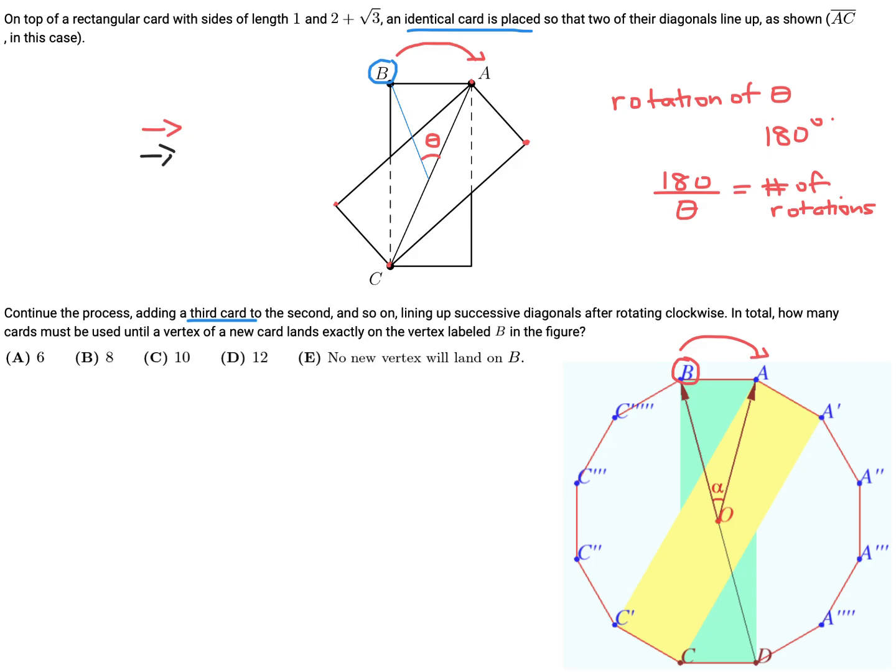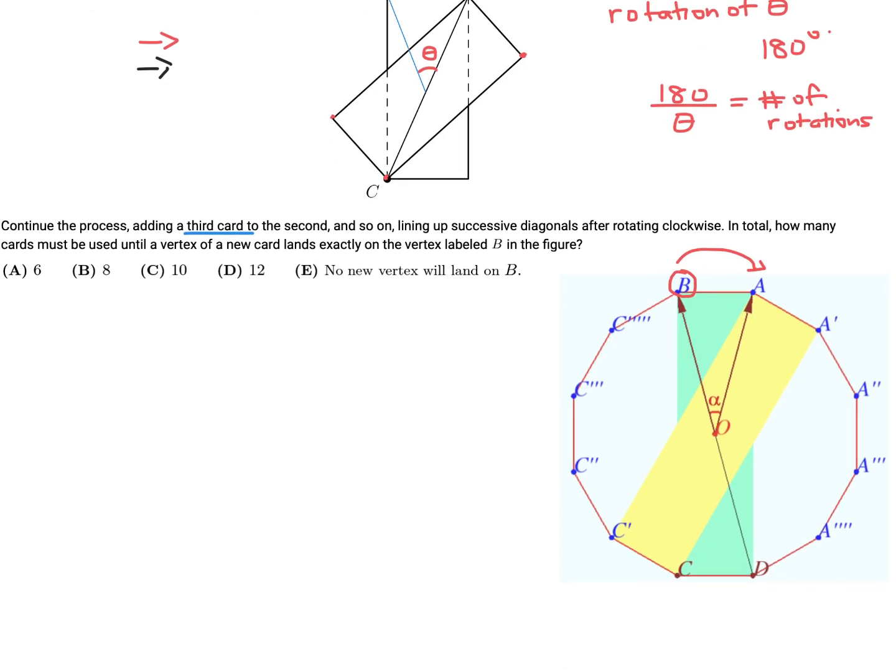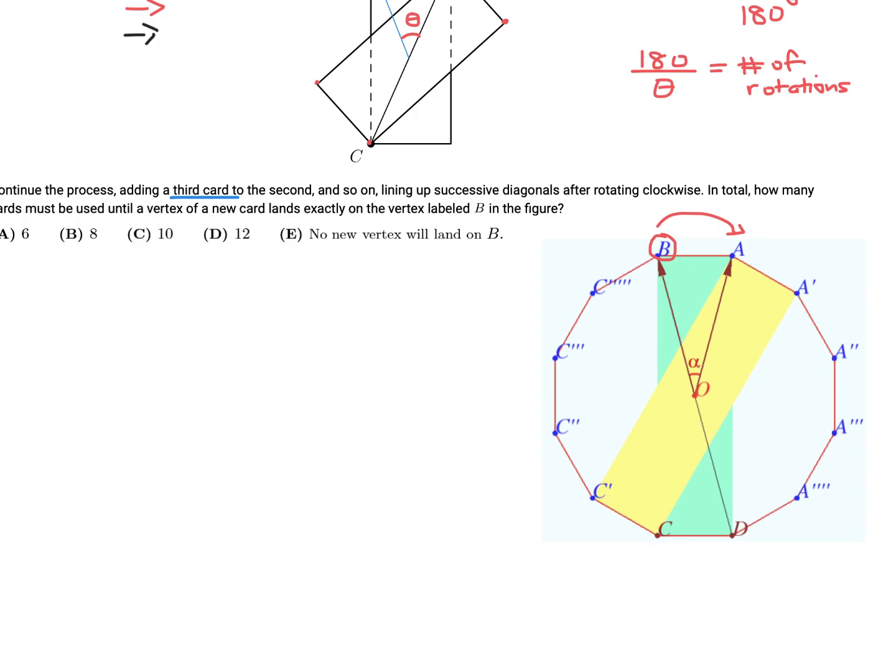Now, if you keep rotating this, when would you end up back on the green rectangle? Well, it looks like the first time would be when you get to here. Eventually, as you keep turning that yellow box, it's going to end up with a vertex.